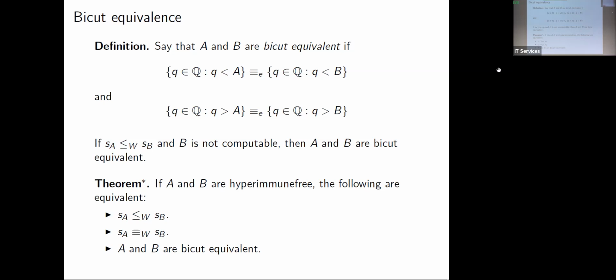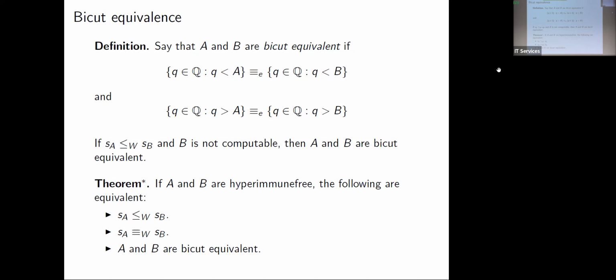So there is a kind of equivalence between A and B that is implied by the existence of a Weihrauch reduction between the step at A and the step at B. So say that A and B are bicut equivalent if the collection of rational numbers less than A is enumeration equivalent to the collection of rational numbers less than B, and similarly for the rational numbers greater than A and B respectively.